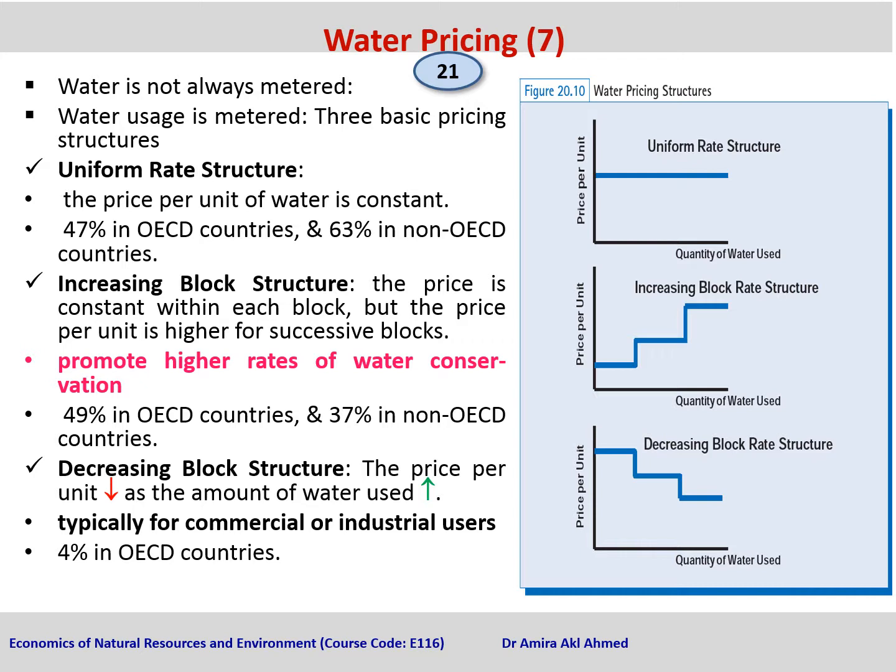Finally, the third is the decreasing block structure, in which the price per unit of water decreases as the amount of water used increases. The rationale behind a decreasing block structure is that it provides a price break for large water users, typically commercial or industrial users.